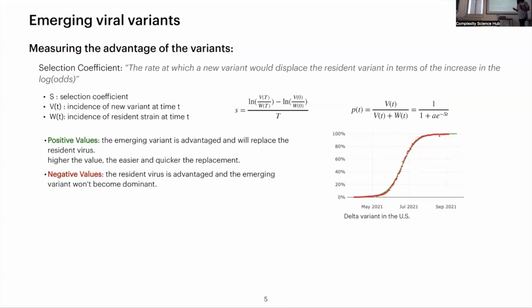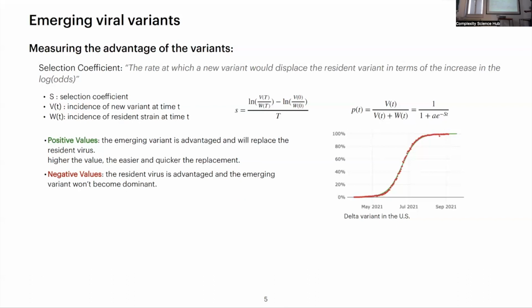But in some cases, we may face coexisting phases, which means that two variants can coexist with each other. In those cases, what we really care about is the growth rate at the earliest stage of emergence. So still we can assign a growth rate.